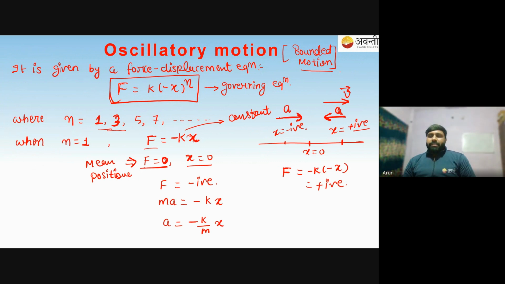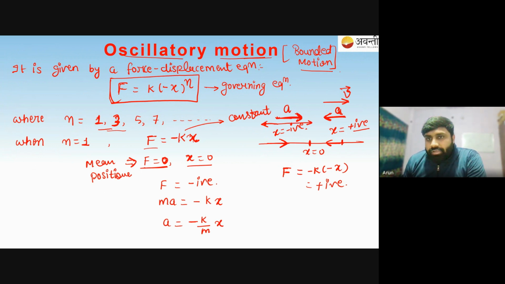So from this, you can conclude one thing, that in oscillatory motion, the force is acting in such a way that it always tries to grab the object at the mean position. Look, what does this acceleration want to do? Anything which is going in this direction, it wants to pull it in the opposite direction.